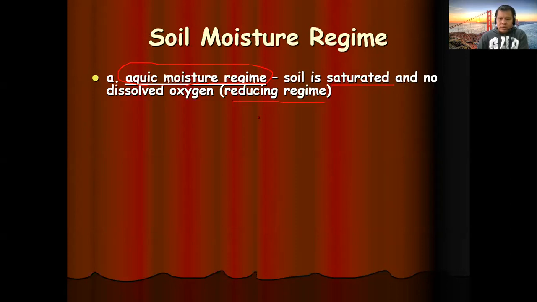So no dissolved oxygen. For example, if we have an empty bottle, if that empty bottle has no water, therefore it is completely filled with oxygen or air inside it. But if that bottle is completely filled with water, then therefore no air in it.